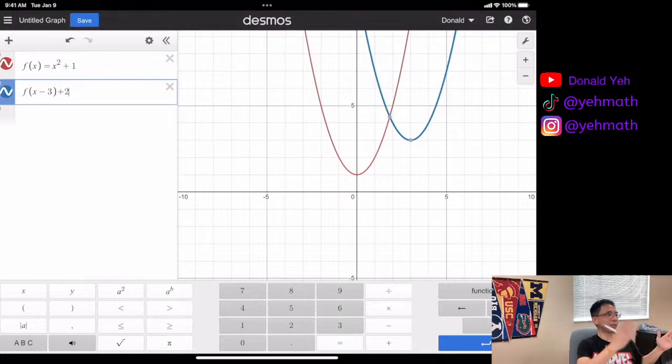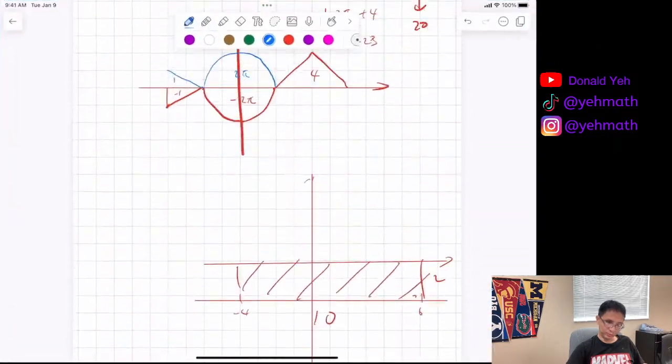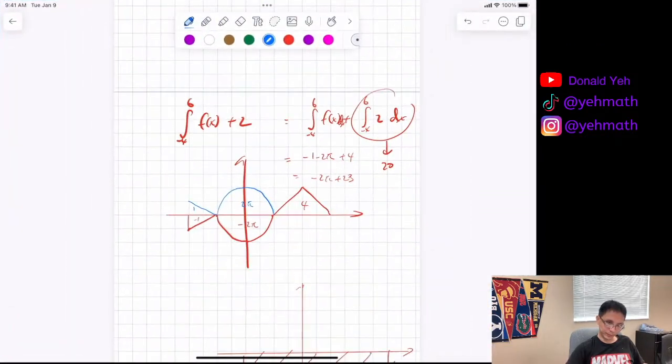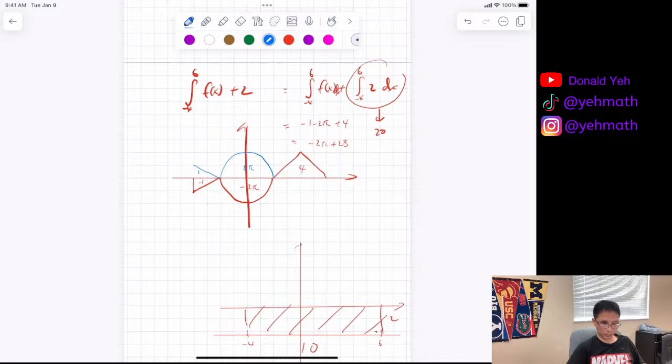But it's from -6 to 4, so the width is 10. 10 times 2 is 20. There are 20 spaces underneath that line. I'm still confused on that too. Which part? Where are you saying that because of the +2 you're getting y = 2?